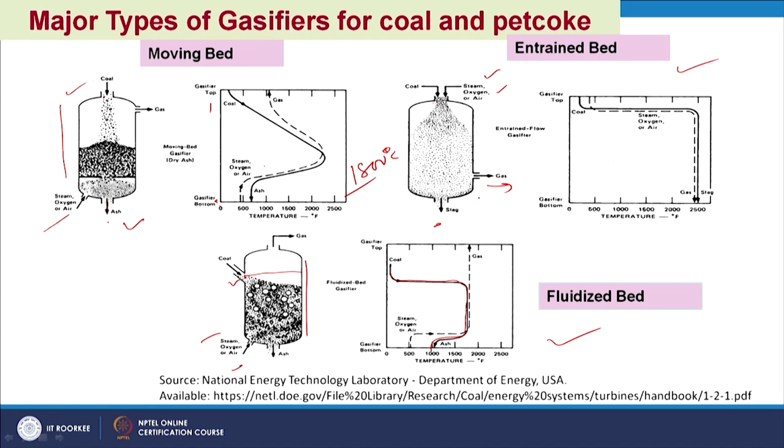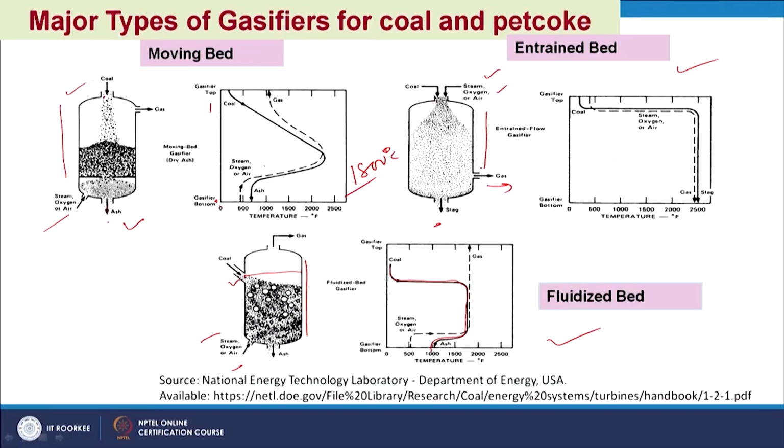Due to this feature, if we see the temperature distribution along the height, it is almost constant. Here we will get the maximum temperature, because oxidation occurs in a single zone, but here the phenomena are uniformly distributed.